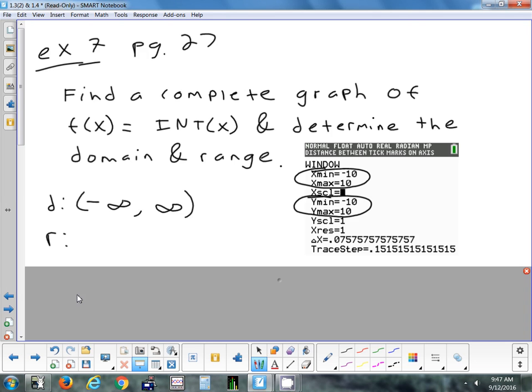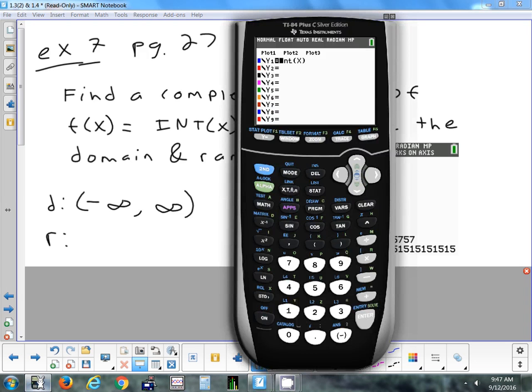Okay, and the range, well, let's look at the graph. The kind of answers that you get, the kind of y values you get, is that also all real numbers? Yep. Close, very close. Just one extra word in there I don't want to say.